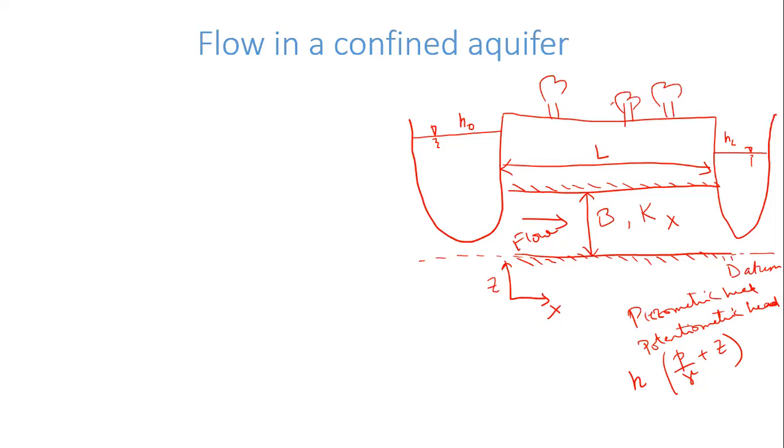If I ask at some point in this confined aquifer what the head is, I should be able to solve for that and find out what the head at any point in the aquifer will be.